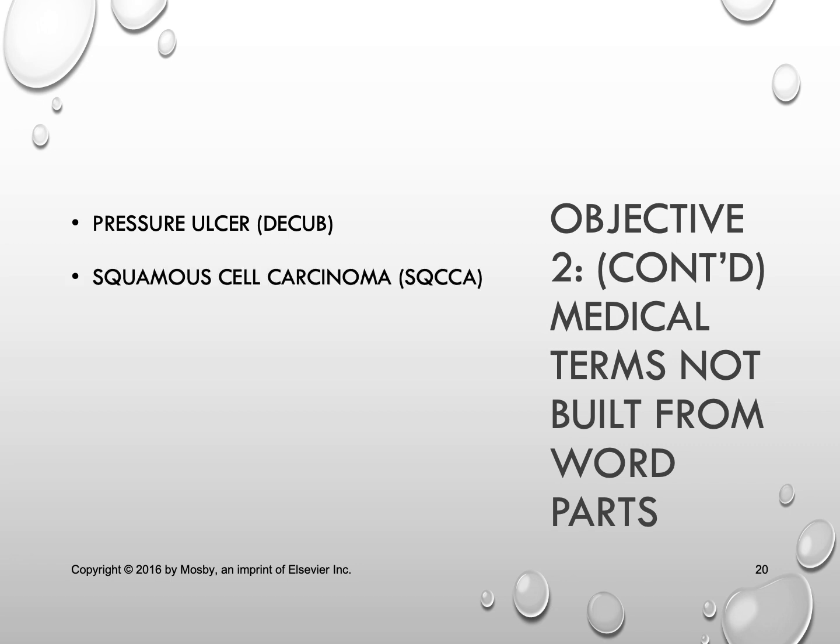Now, squamous cell carcinoma is abbreviated SQCCA, and that is a malignant growth that develops from the scale-like epithelial tissue, right? It's called squamous. Squamous refers to the shape of the epidermis. They're kind of these very weird, irregular shaped cells that lock together very tightly, okay?